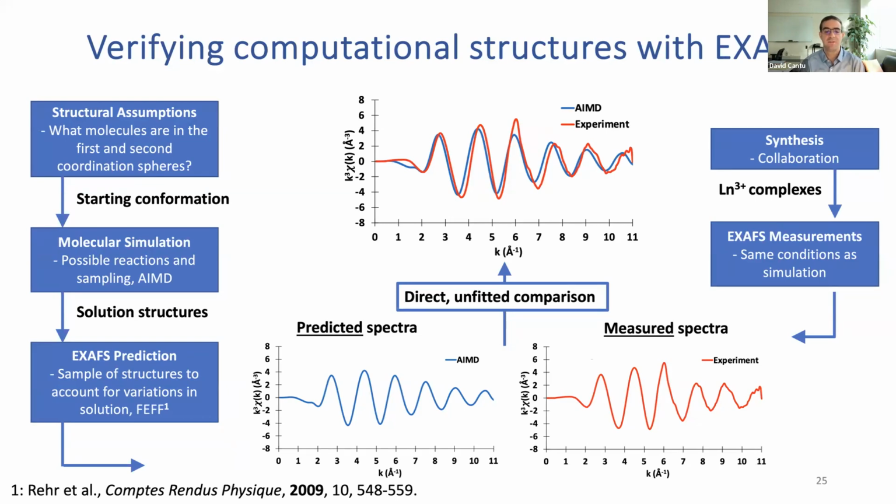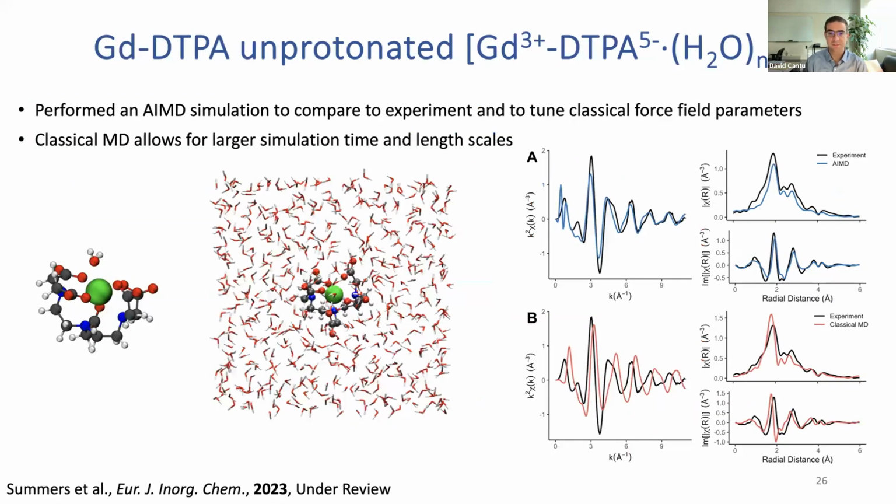And if there's no agreement, that means we made the wrong structural assumptions, or maybe our simulation isn't sampling properly. And so we return to the simulation and see if we get a simulation that is representative of experiments, and then let's see if that predicted spectra is going to be a better match.